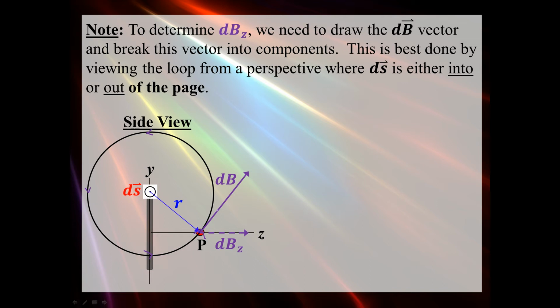So we'll break it into a z component, which would point towards the right side of the page. That's dBz. And we also have the vertical component, which would be dBy. We're going to call the angle between dB and dBz phi.